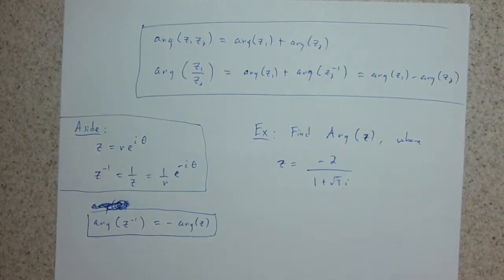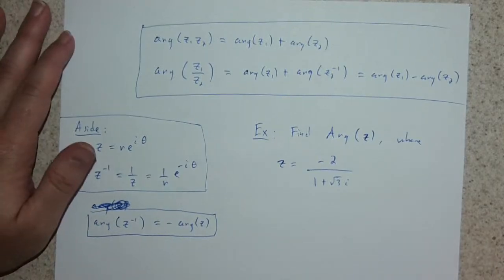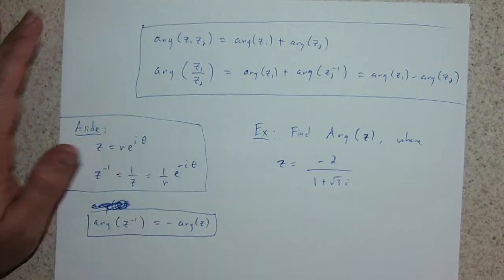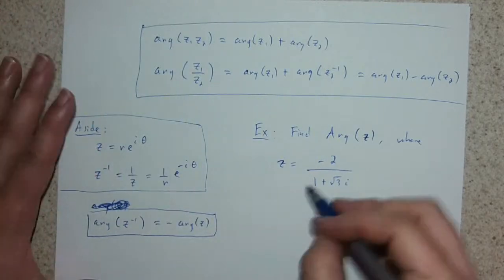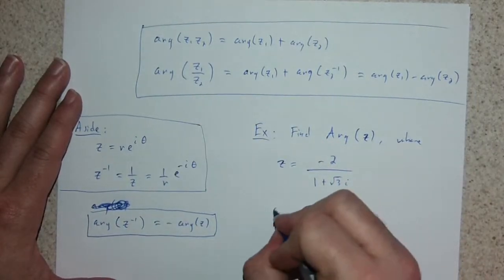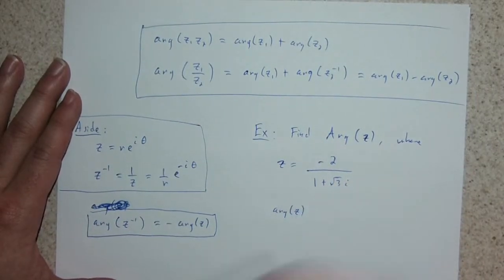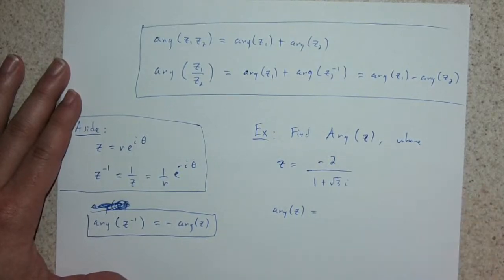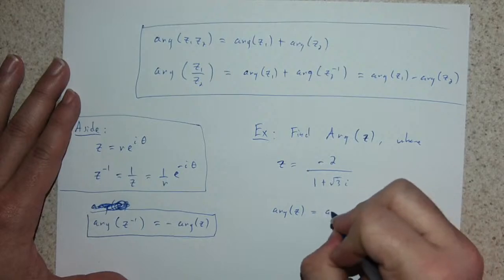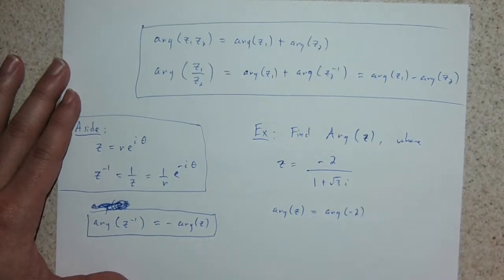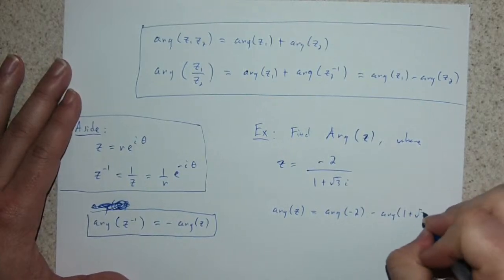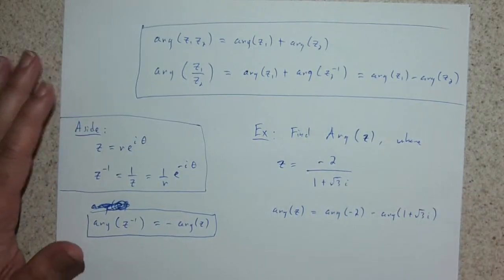So how can I find the principal argument here? Well, I can use these formulas for just the argument and then try to find the principal argument from that. From this second formula, since z itself is a quotient of minus 2 divided by 1 plus square root of 3i, arg z is arg of minus 2 minus arg of 1 plus square root of 3i.